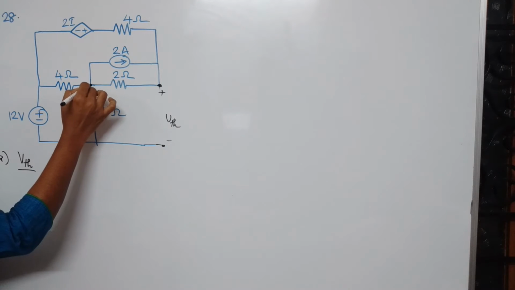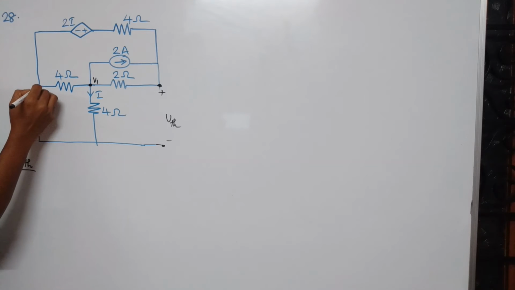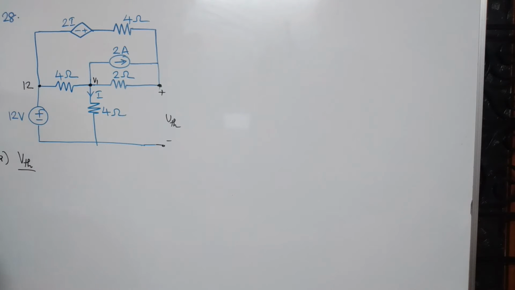Now there is another node here. Let's write this as V1. Here there is a voltage 12. So we write two node equations, one with respect to V1 and the other with respect to VTH. First let's start with V1.